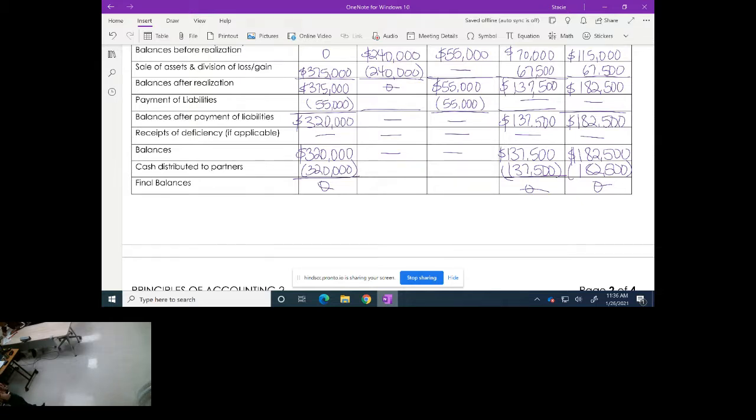If they don't, you have a problem. Something went wrong somewhere. But even if you don't remember anything else, you're going to have one of these on the test. If you don't remember anything else and you just did zeros across the bottom, I mean, that's worse, huh? At least you know you're supposed to end up with zeros, right? At least you got the concept of we're liquidating the business and we should end up with nothing. So, I mean, it counts.